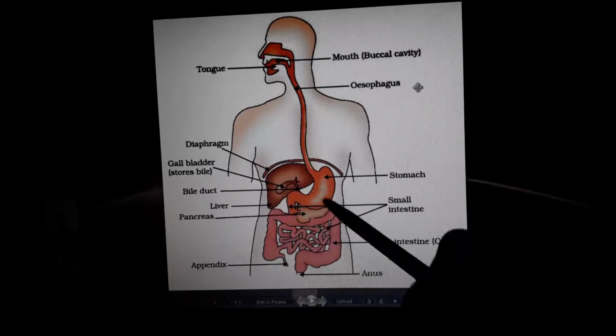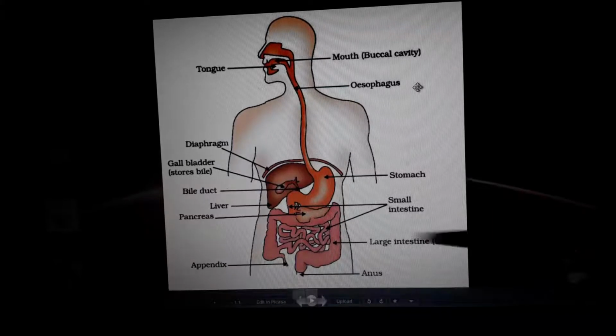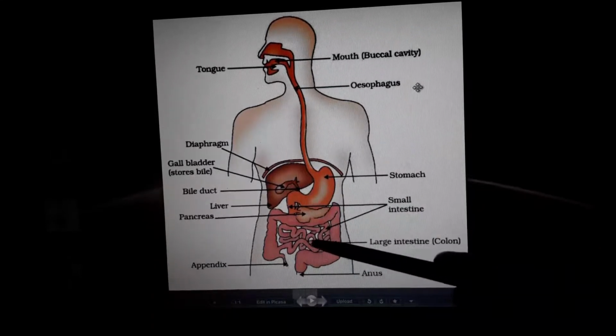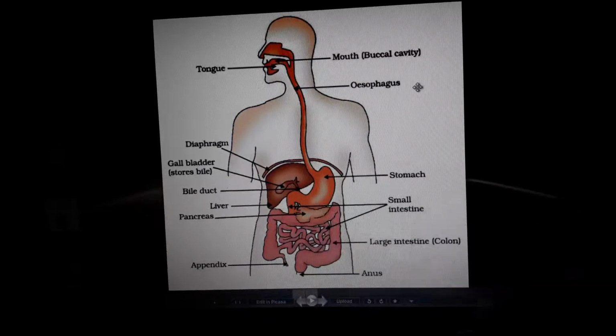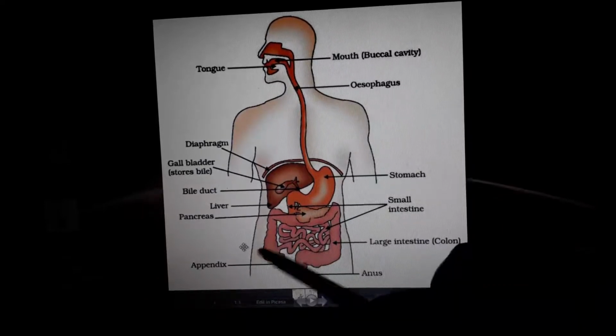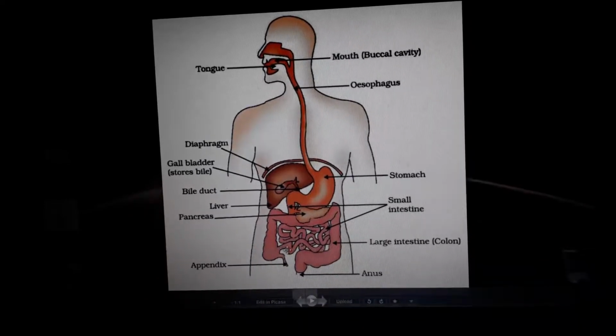The pancreas also has two secretions, and then it comes to the small intestine, and how food is totally digested in the small intestine, and the remains are sent to the large intestine, and the remaining useful water is absorbed by the large intestine, and at last the remaining particles are sent out through the anus. That is the function of the human alimentary canal.